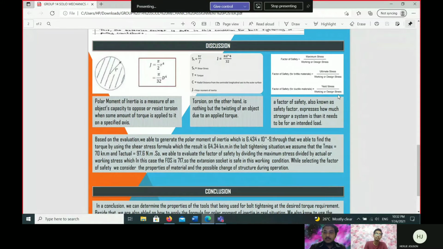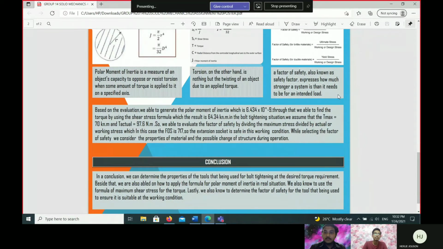From this information, we're able to evaluate the factor of safety by dividing the maximum stress by the actual or working stress, which in this case is 717. So as a result, the extension socket is safe in this working condition.